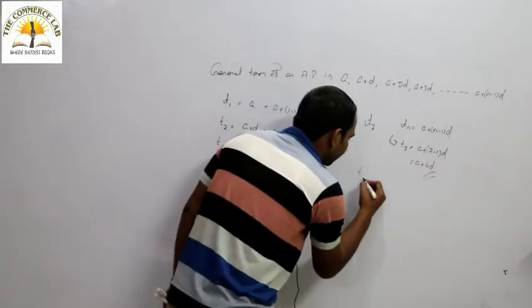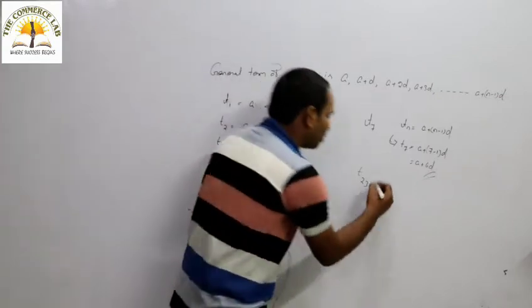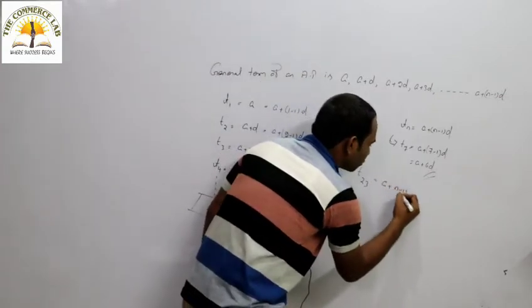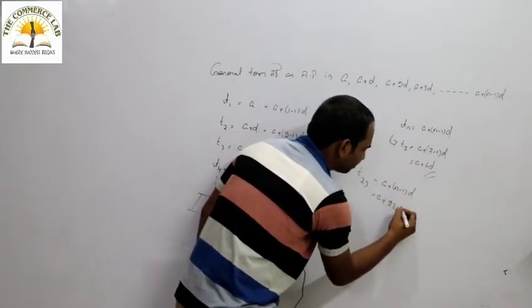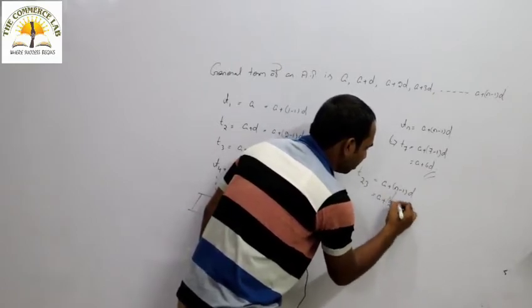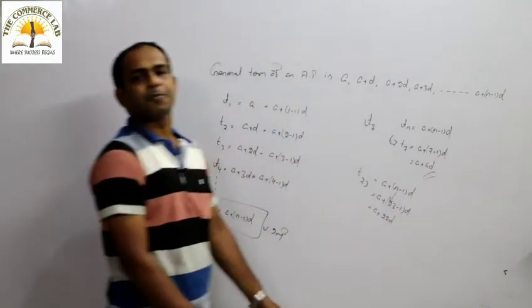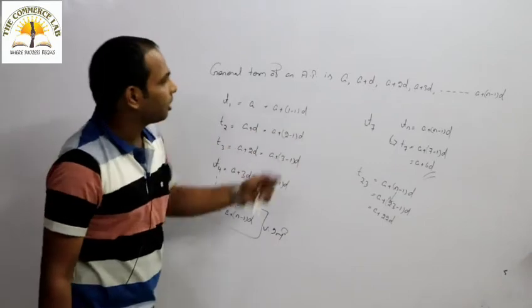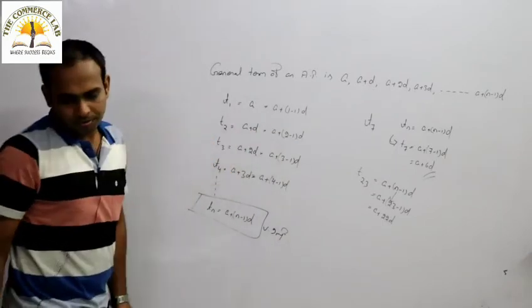Then find out T23, the 23rd term. So the 23rd term is a plus n minus 1 into d, where n is 23, so a plus 22d. So this is all about your nth term.